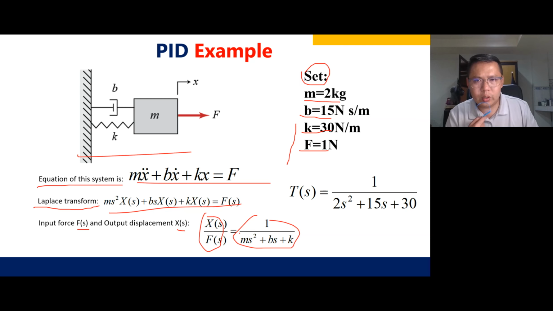We put this data into the expression so we can get this expression. The transfer function T is equal to 1 over 2 s to the second power plus 15 s plus 30.